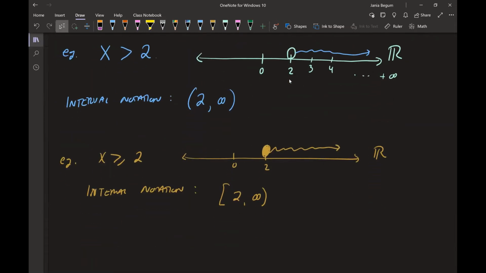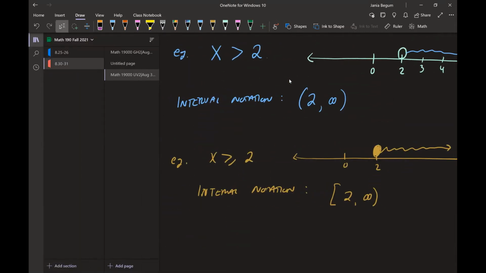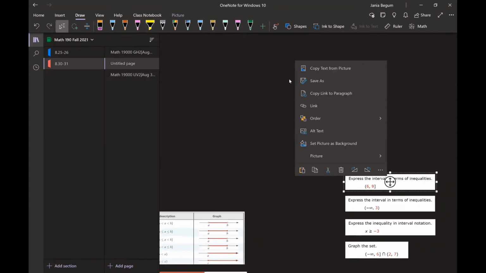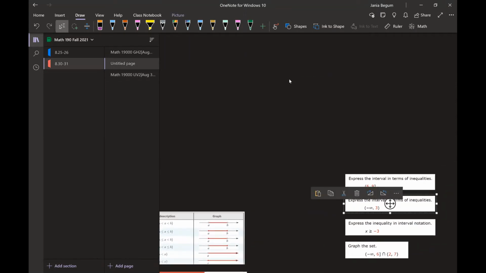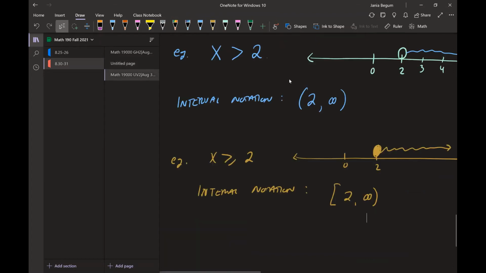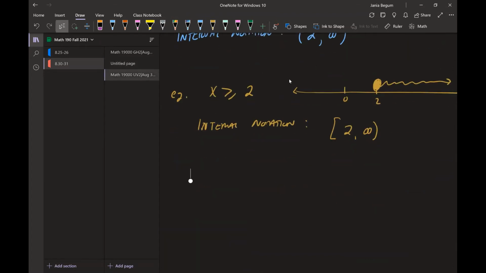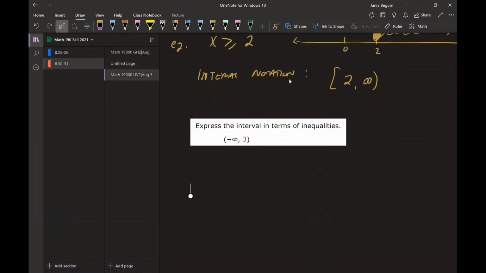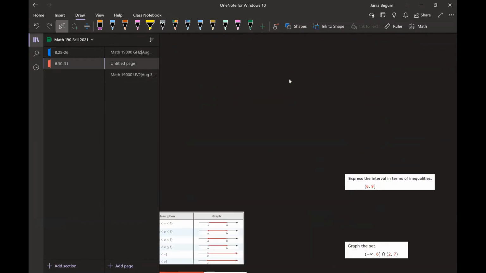Okay, I have a couple more examples for you to work on. So take a look at this example, and then I'll go over them with you. So I'm going to copy them here, and we'll work on these.